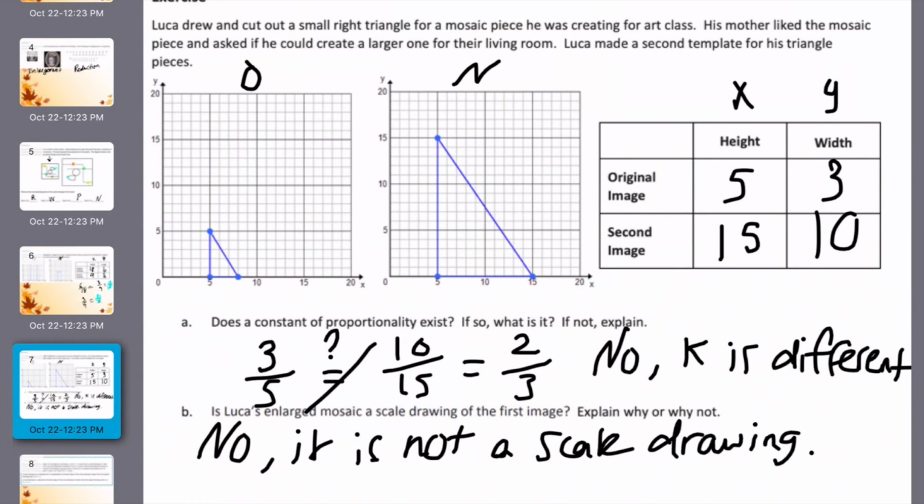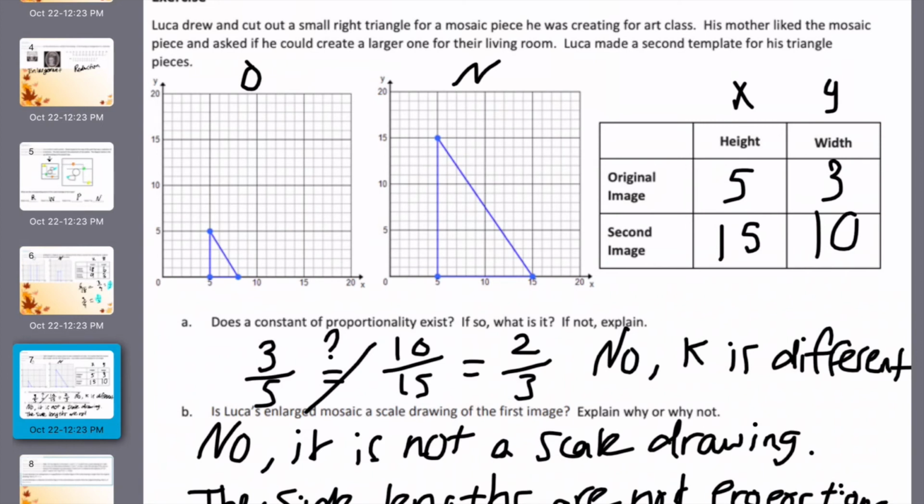In order for it to be a scale drawing, these side lengths have to be proportional, and these side lengths are not. Side lengths are not proportional.